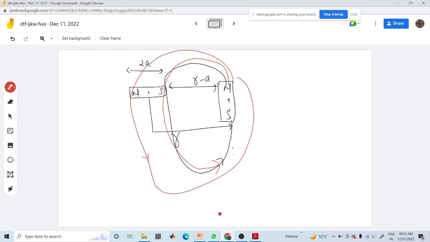Is it fine? Sorry, it will go in this way. Is it fine? North to south? Yes या no? Yes, sir. Yes. हाँ तो बोला करो भाई. You have to say yes so that I can go ahead.